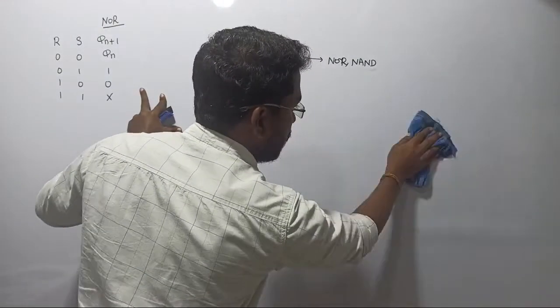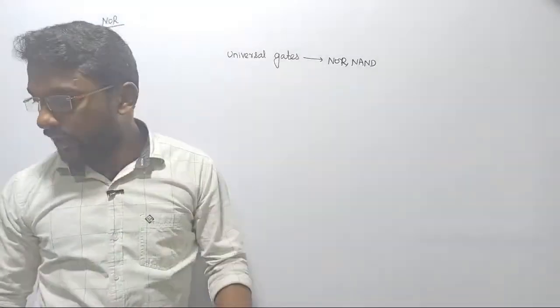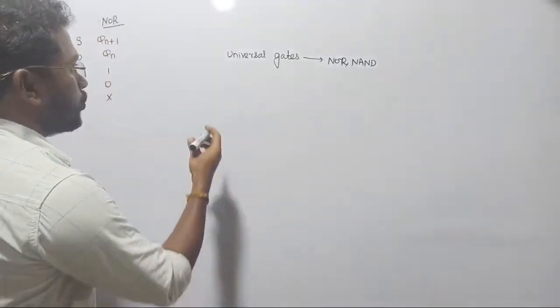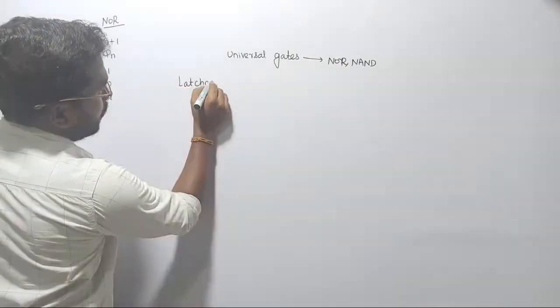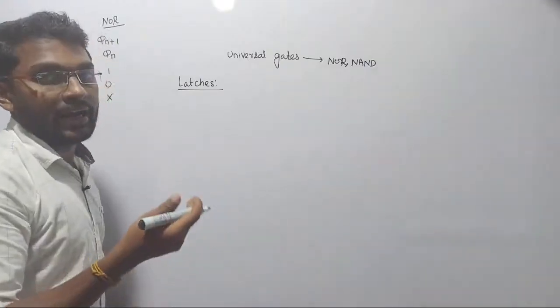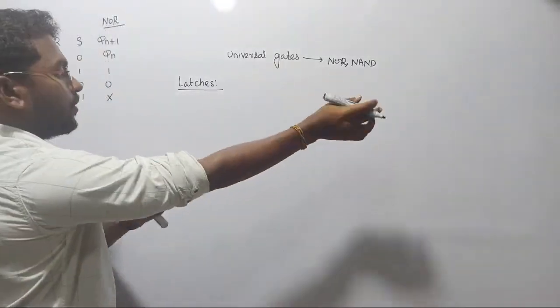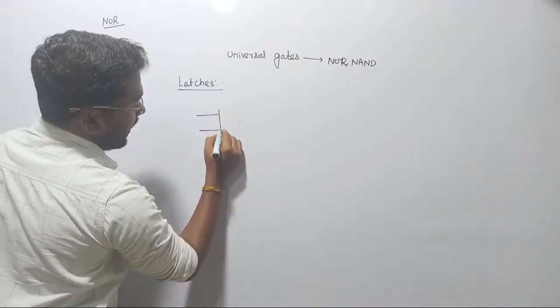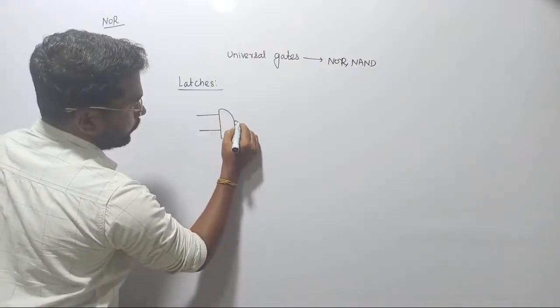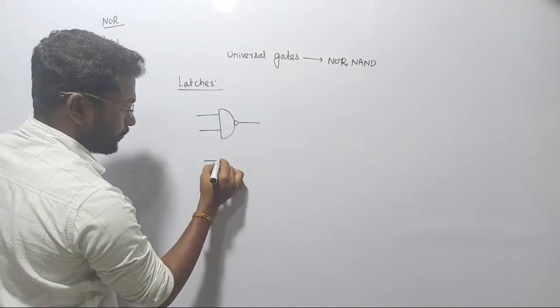Once again we are going to design the latch with the help of NAND gates, doing the same thing. Once again we are going to use cross-coupled NAND gates only. There are no changes.